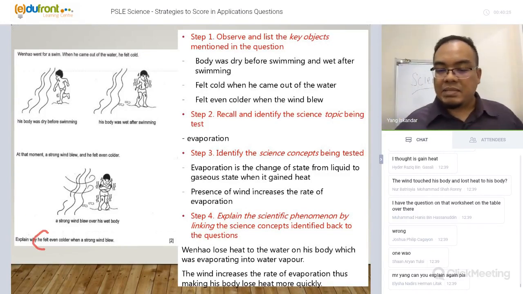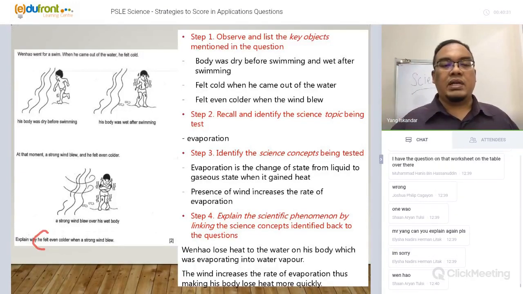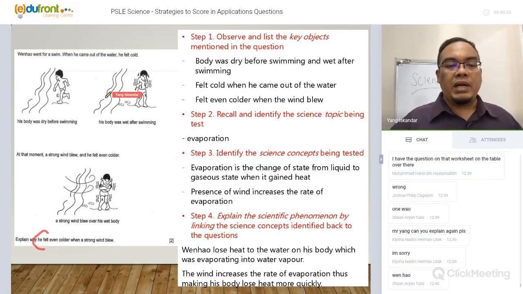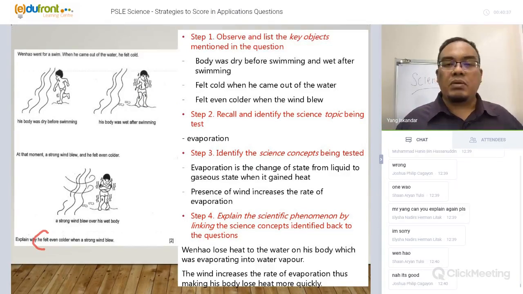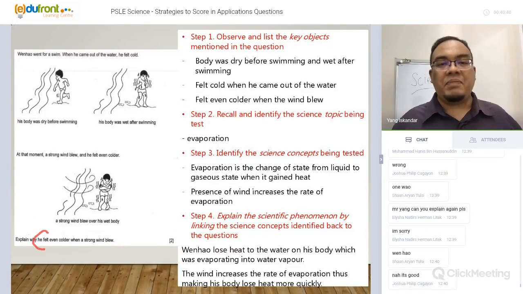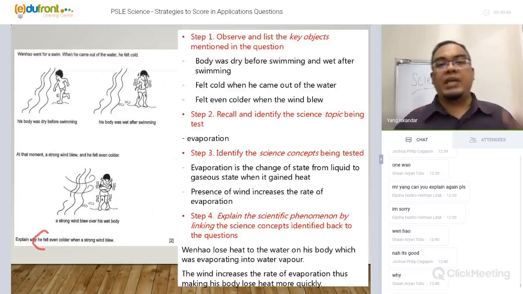Elisha asked, Mr., can you explain again? Okay, I'll explain again. No worries. The question asks why he felt colder. When he came out from the pool, there were water droplets around his body. What happened to the water droplets? The water droplets will evaporate, correct? What does evaporation mean? Evaporation is change of state from liquid to gas.